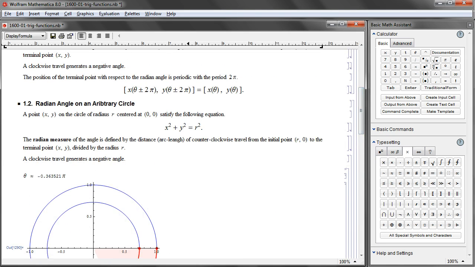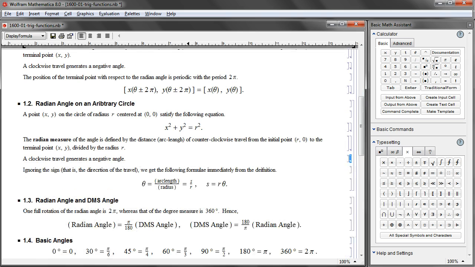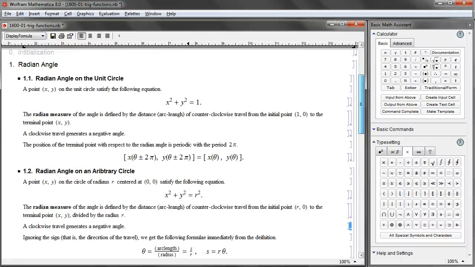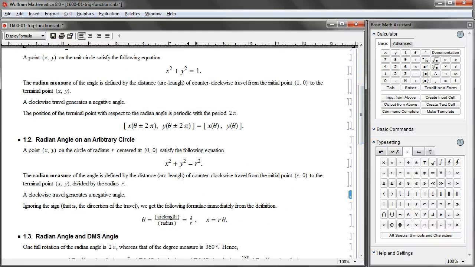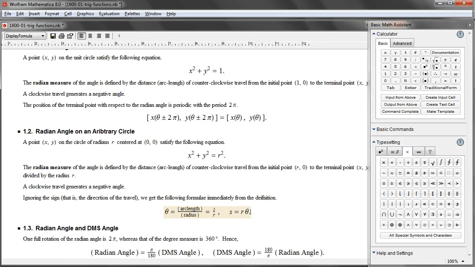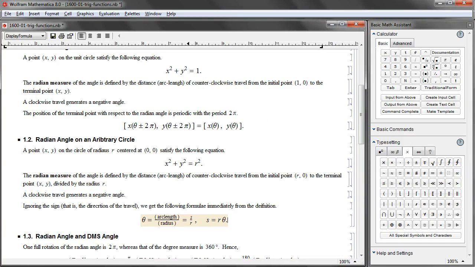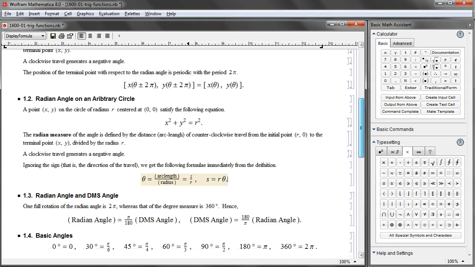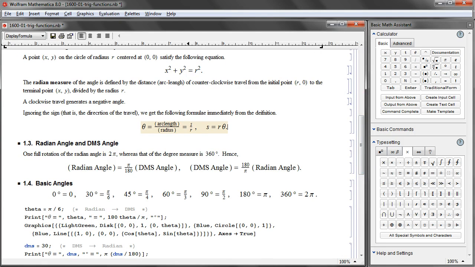Okay, we define the angle using the radian measure. We did it for the unit circle, and we generalized it for arbitrary circles. And let's make a comparison between the radian measure and the DMS measure. Here are the conversion formulae.